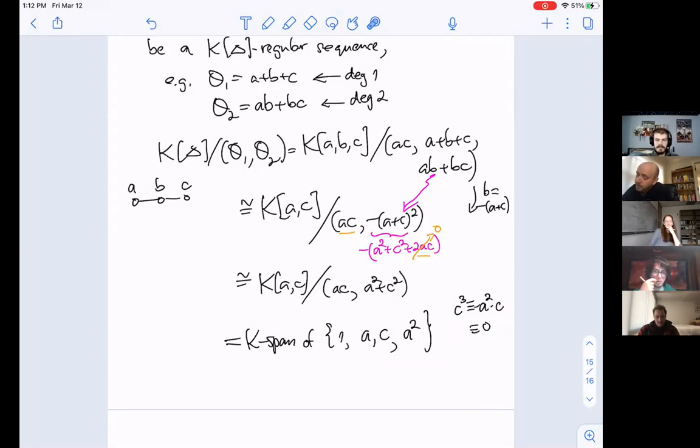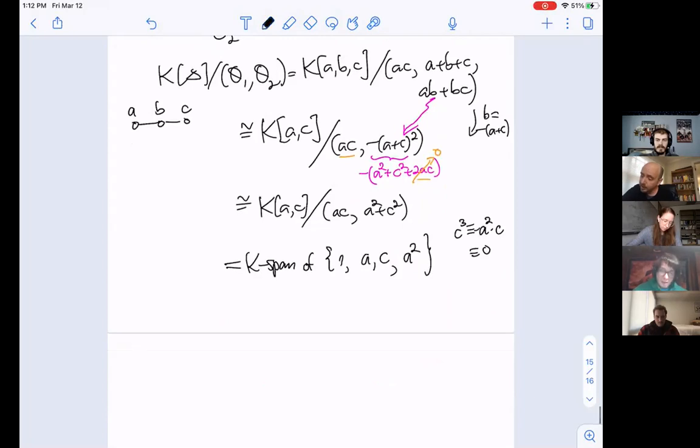So these two, in this particular example, really were a system of parameters because we modded out by them. There were 2 of them. It matched the Krull dimension. We modded out by them and we got down to Krull dimension 0, a finite dimensional K vector space. And let's just check that the Hilbert series is right.